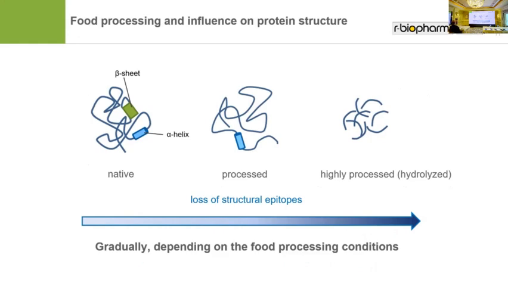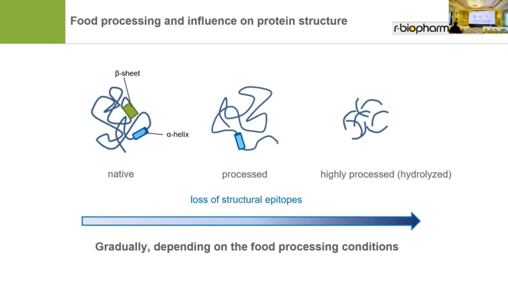However, if we have this native protein inside a food during food preparation, it is processed, which may cause a change of the conformation, which may go along with a loss of structural epitopes. The hardest food processing is a hydrolyzation. In such a protein, we do not have any longer tertiary structure, not even secondary structures are available. We have only the primary structure of the amino acid sequence.